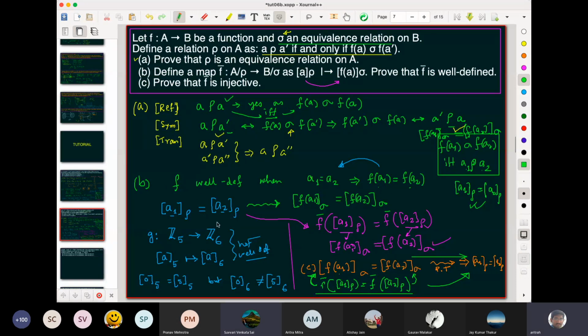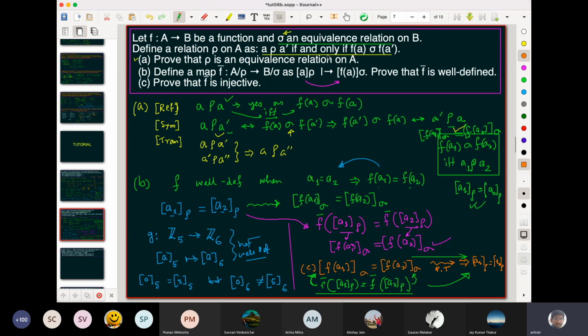Then without knowing that F bar is well defined, how can we write that F of A1 rho equals F bar of A2 rho? No. See, if these two elements are equal, I am not saying I will write it here.